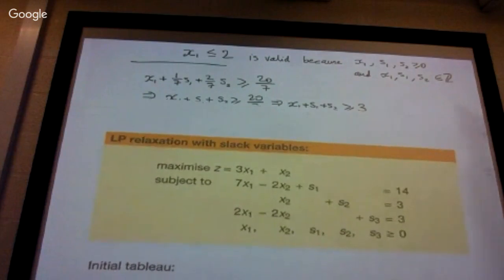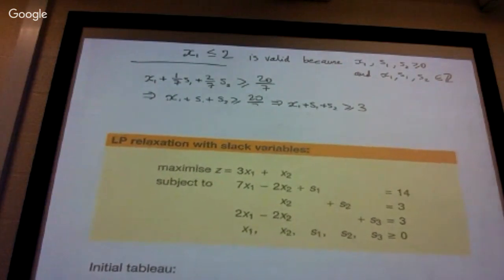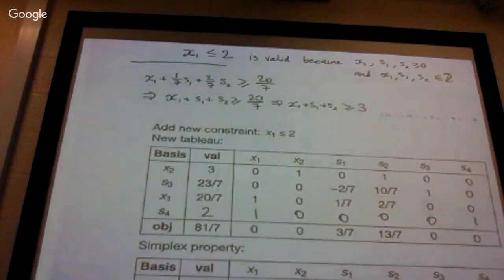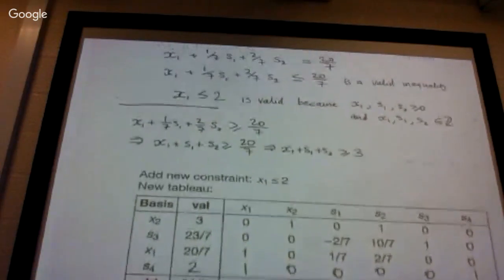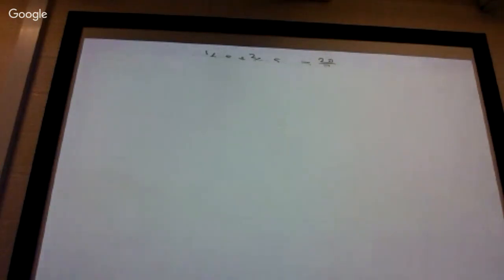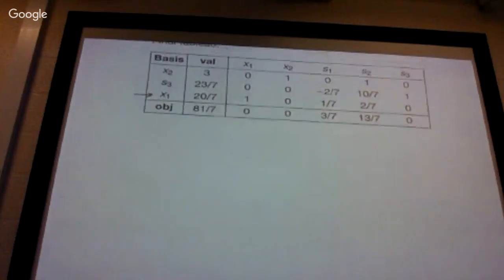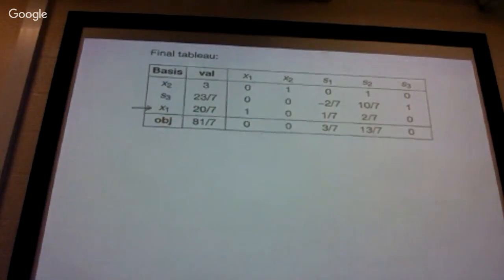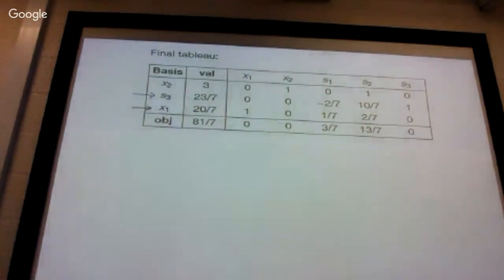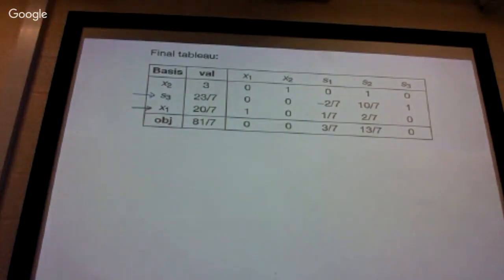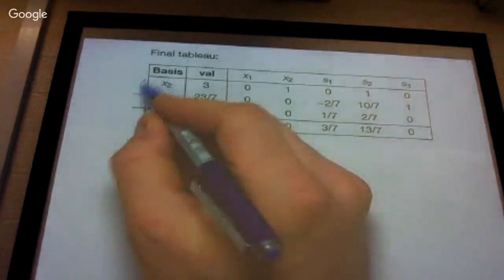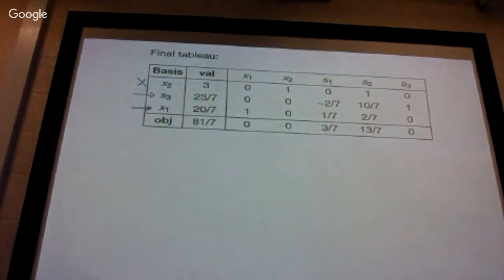And that was this. Now, the second thing I want to say is that from this tableau that we have, we decided to take the x1 row to derive a valid inequality, but we can take any row with a fractional value in it. What we can't do is take one that has an integer value.